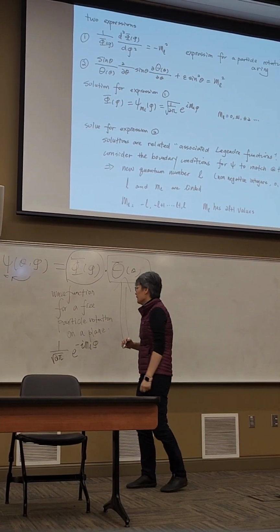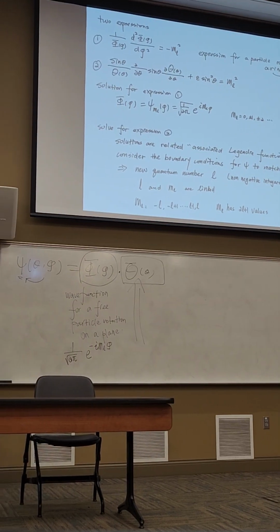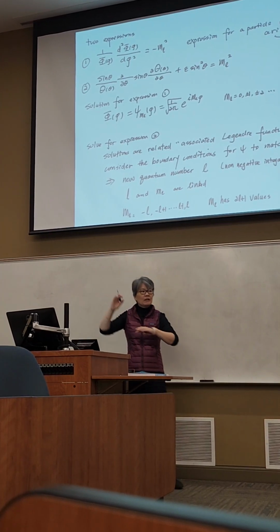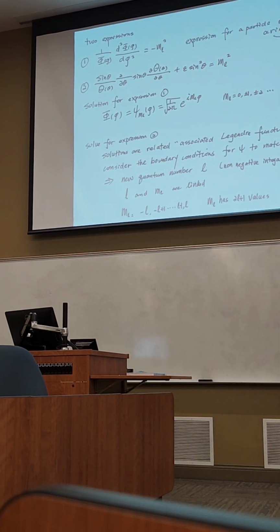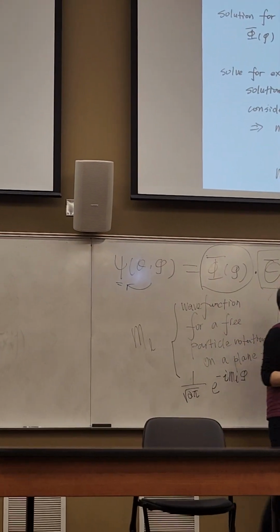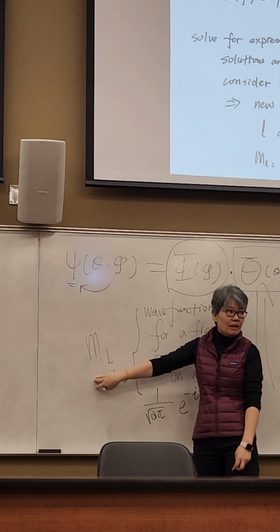So in solving this, we also impose the boundary condition on theta, with its two poles. By solving the wave function for rotation on the plane to satisfy the cyclic boundary condition, we introduce the quantum number m sub l.